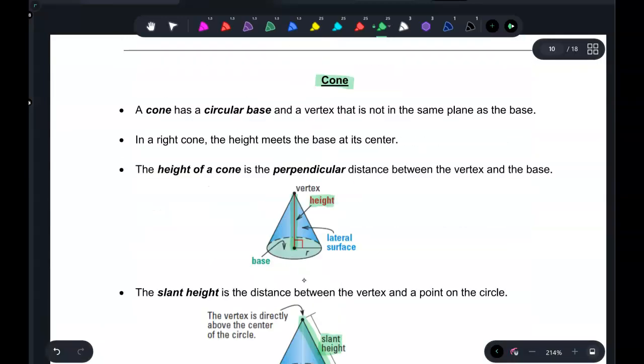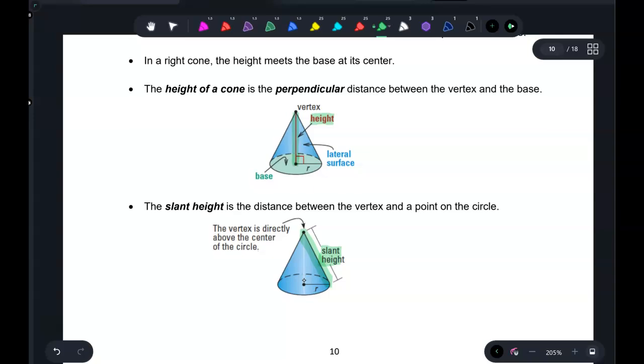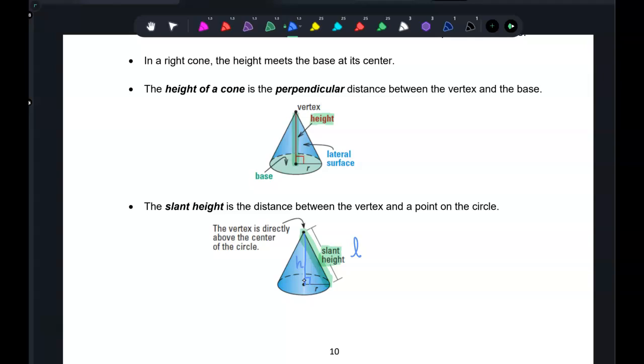Before I go on, if this is L, and this is the height, and this is R, what Pythagorean theorem would I use if I'm missing one? Which one has to be the c squared?